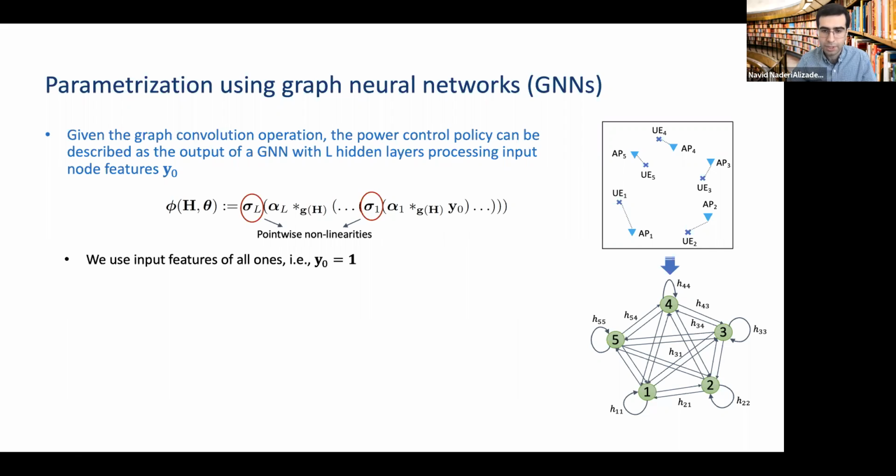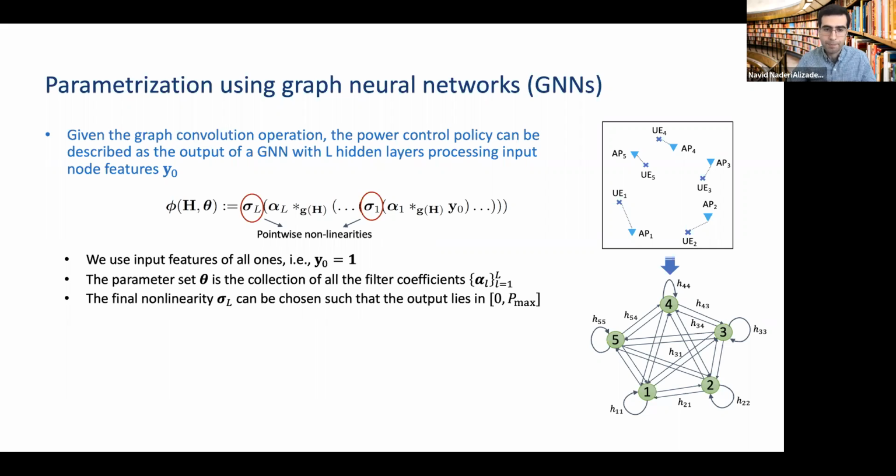We used here as input features for the nodes just dummy values equal to 1, which doesn't carry any information, because all the information we really need is already captured in the weights of the edges in the graph. And as I mentioned, the set of parameters that we're trying to optimize is the union of all the filter coefficients in the different layers.